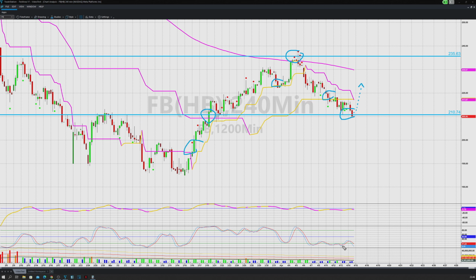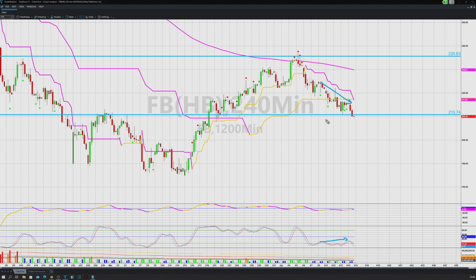We have to be careful because the momentum, the stochastic, is below zero. It's below the 50 line. There is a small divergence here, which means short continuation.